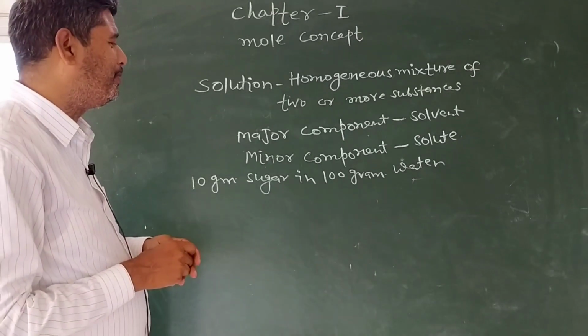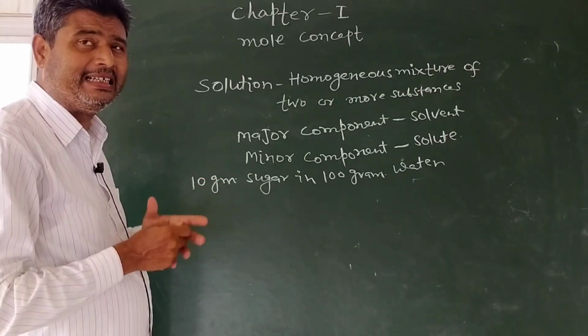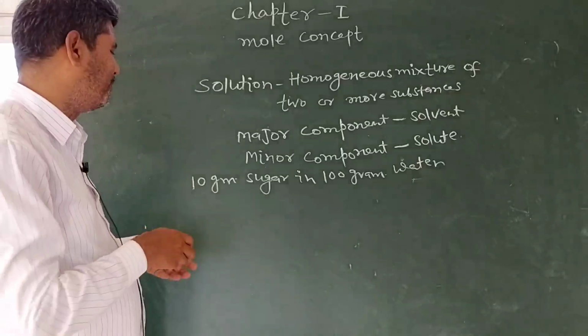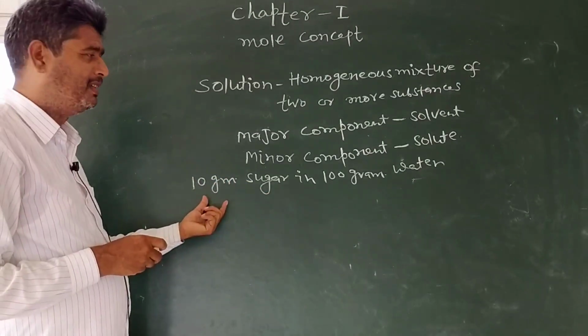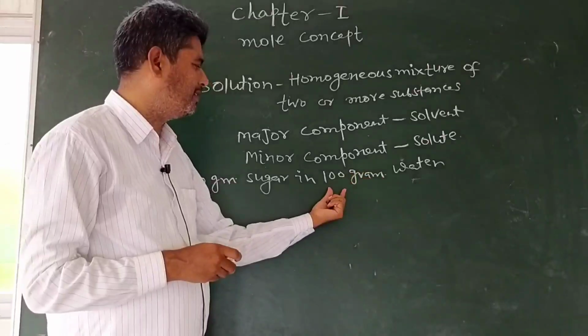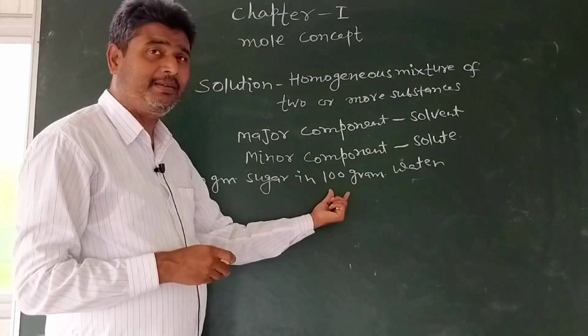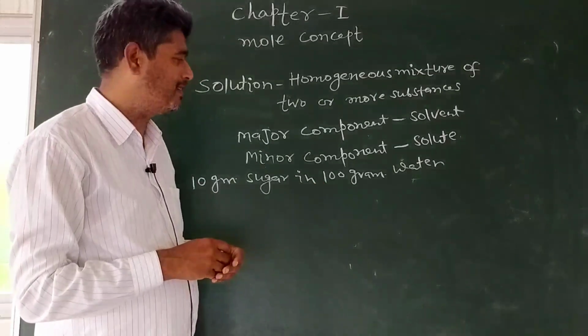Now pay individual attention to the extent, quantity, that is amount of the component. The amount of sugar here is 10 gram and the amount of water is 100 gram. The substance having high extent is called solvent.